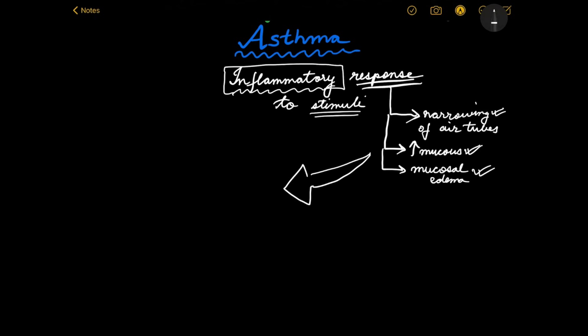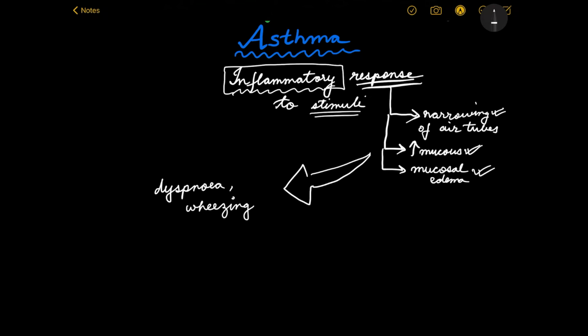This would lead to difficulty in breathing, which is dyspnea, right? Then it might lead to wheezing. These are the effects of asthma, right? Difficulty in breathing, wheezing. These are more or less the effects that are seen in asthma.